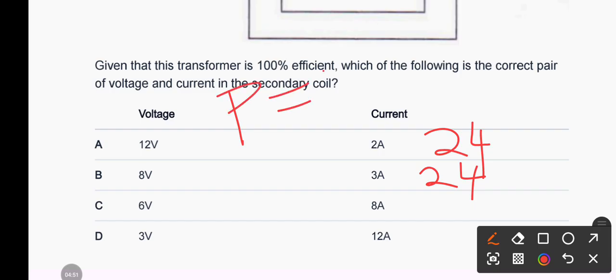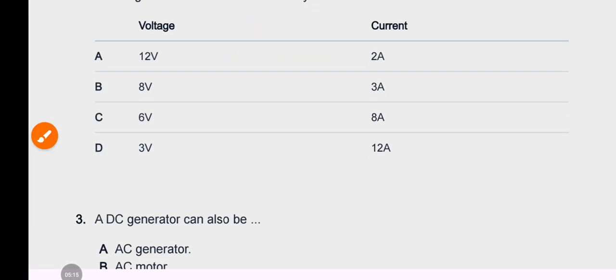Remember, power is VI, so I'm just multiplying the voltage and the current. Here I'm having a value of 48. And here I'm having a value of 36. So the one that gives me the power at the secondary coil to be 48 is option C. So I'll go with option C.